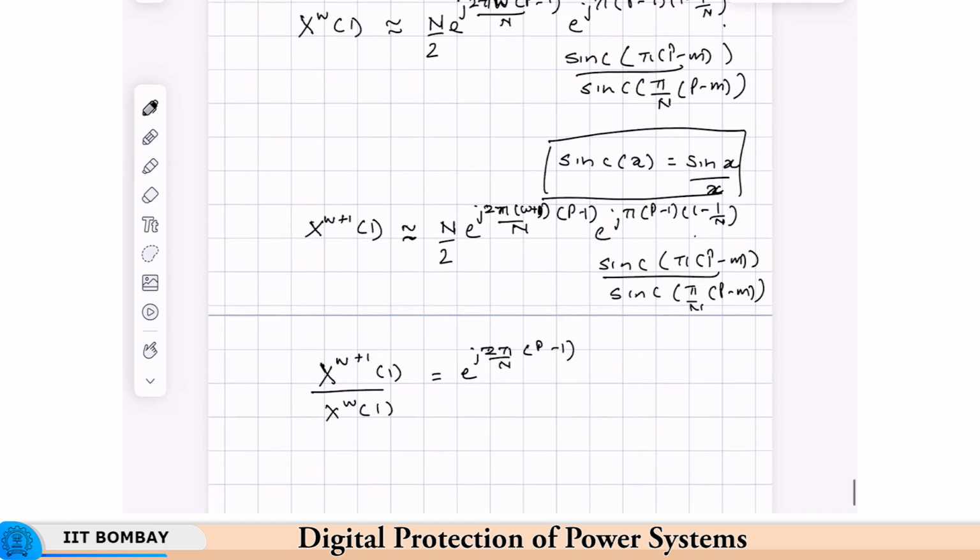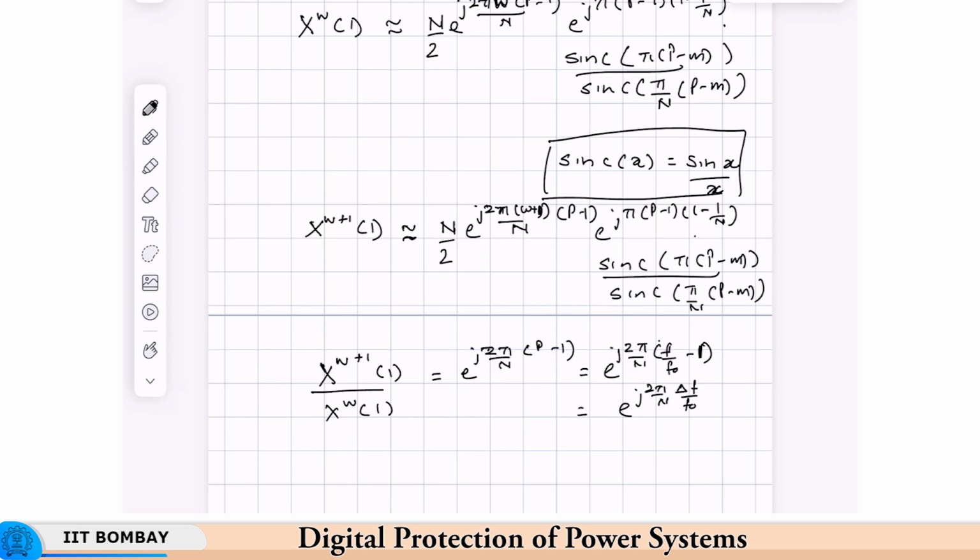Which is nothing but, as we saw, 2 pi by n times f by f naught minus 1. So f minus f naught is delta f, and we have e raised to 2 pi by n delta f by f naught.